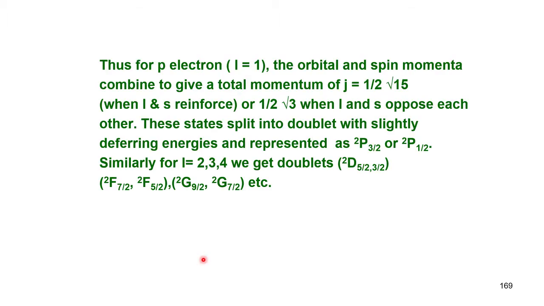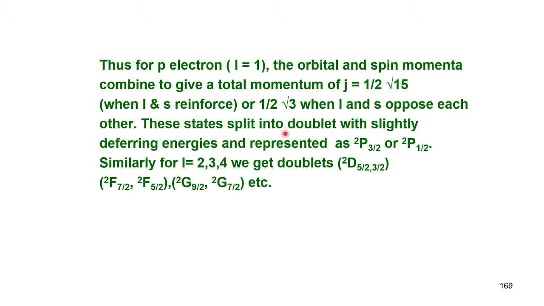For a p electron the orbital and spin momentum combine to give a total momentum J of 1 by 2 into square root of 15 when they are reinforcing, or 1 by 2 into square root of 3 when L and S oppose each other.